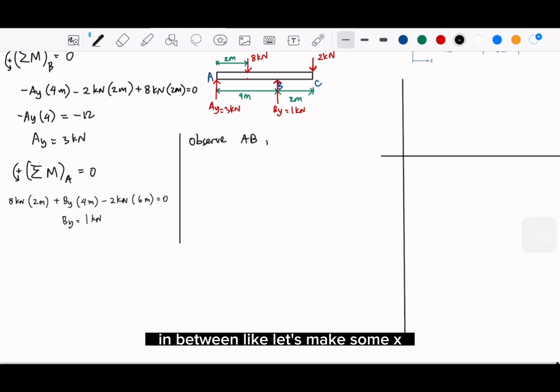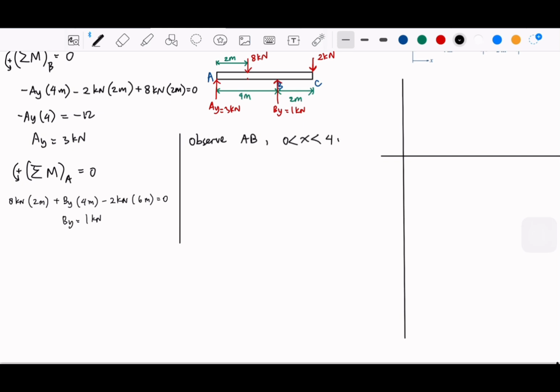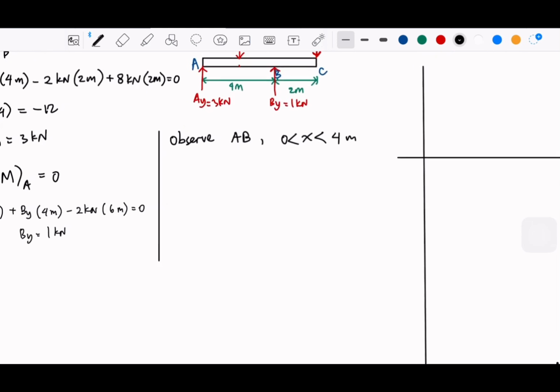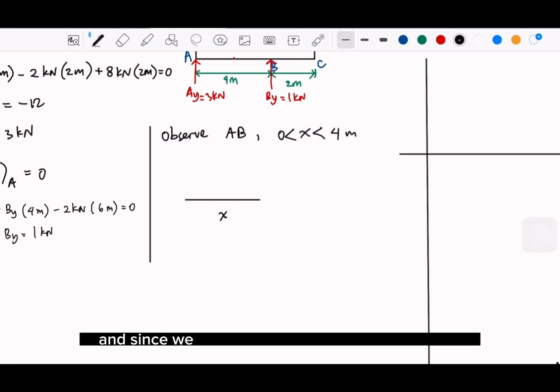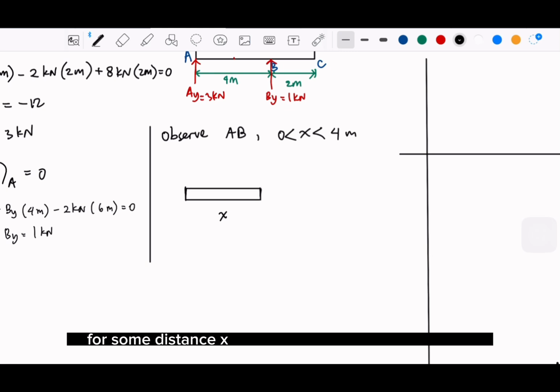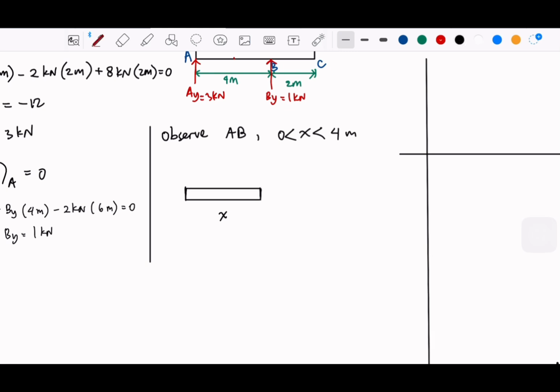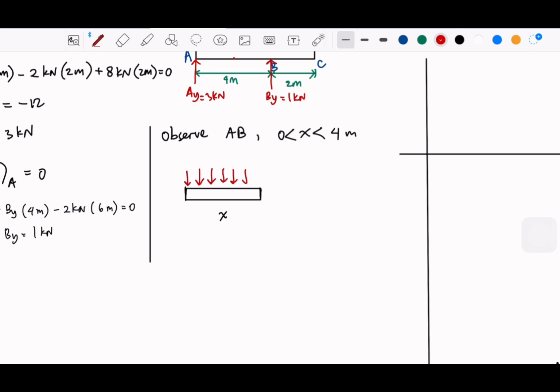Let's make some x that is going to be between 0 and 4 meter. So let's take this as x, and since we have the distributed load at AB for some distance x, and x is between 0 and 4, let's just describe this as a load like that.